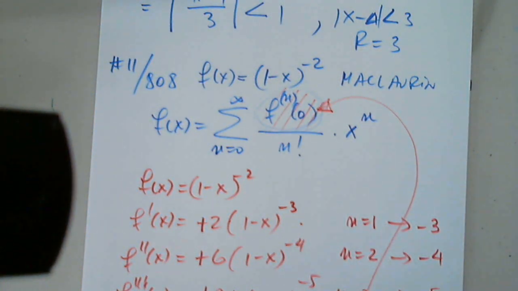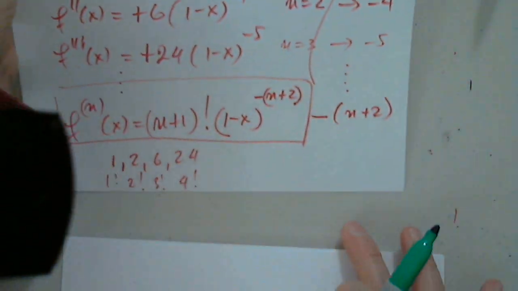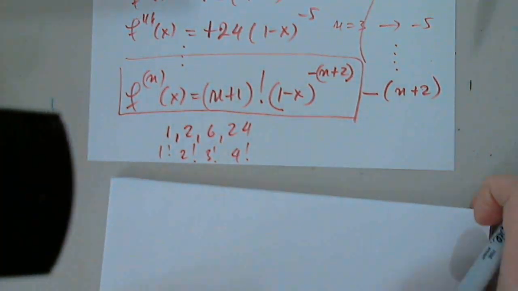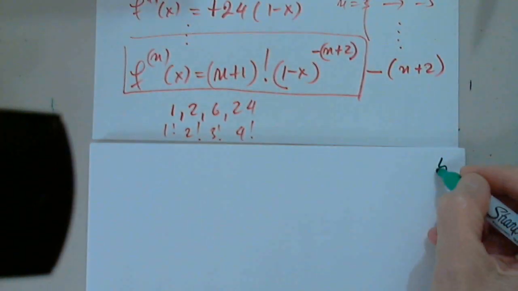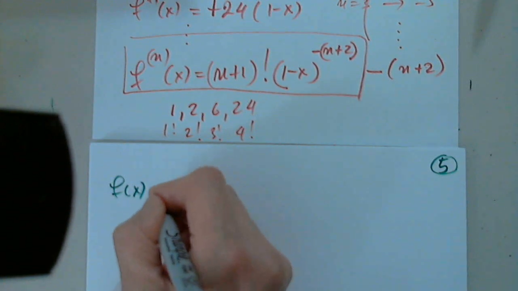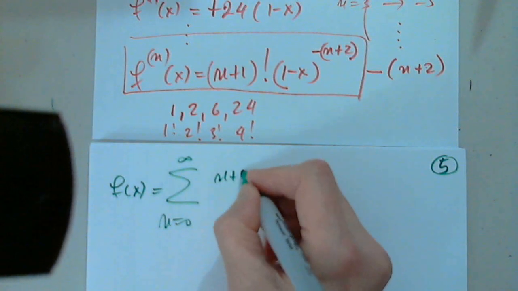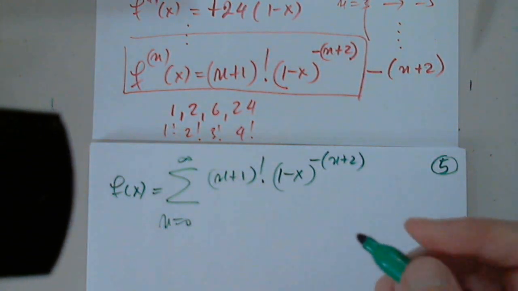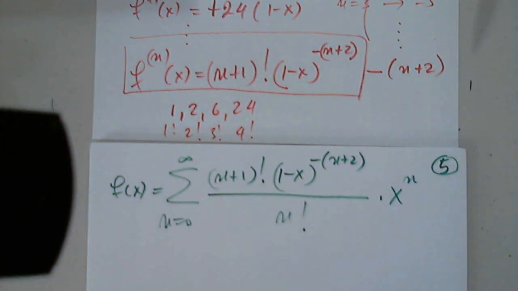So now we're ready to write the function as a power series. Okay, that's my page 5. So then we have f of x equals the sum from n equals 0 to infinity, (n plus 1) factorial times (1 minus x) to the negative (n plus 2), everything divided by n factorial and everything times x to the nth power.